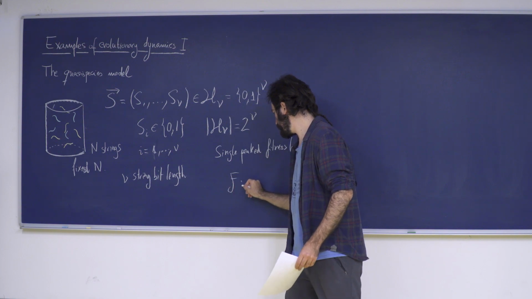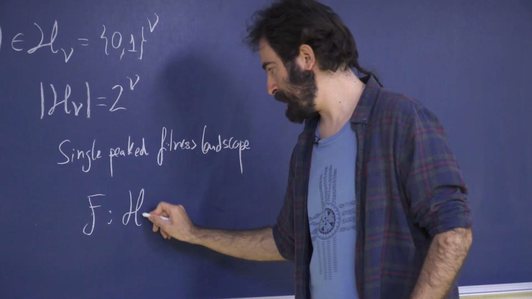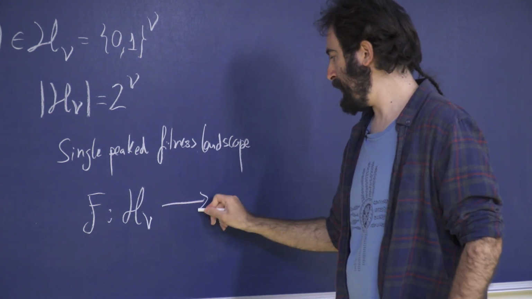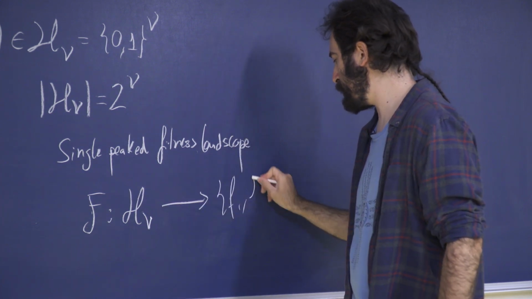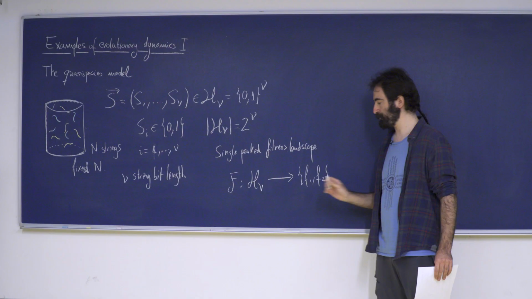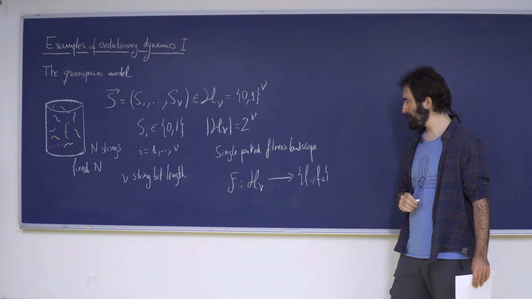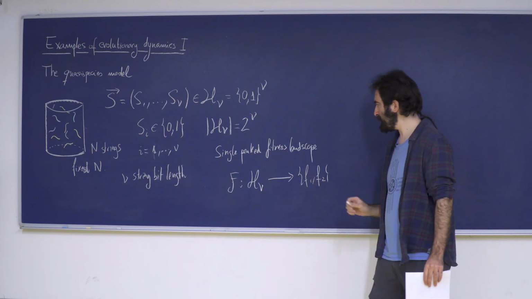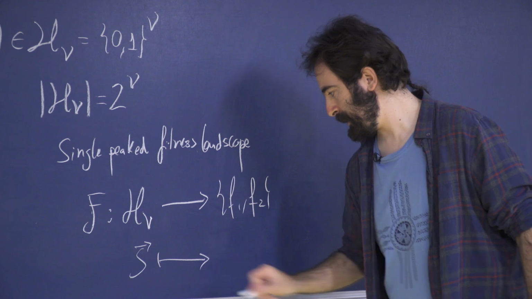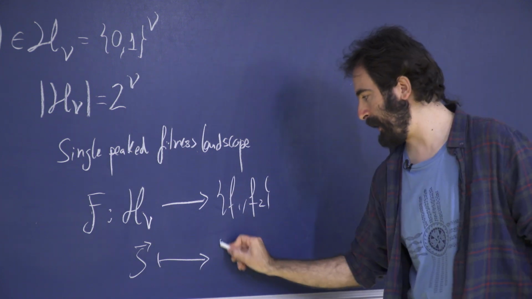So in other words, we will have something like this. This is a function, f for fitness function, that takes elements from the strings, and in this case there are only 2 values that it is mapped onto. Okay, so how do we map this? Well, we take a given string and then we assign one of 2 values.